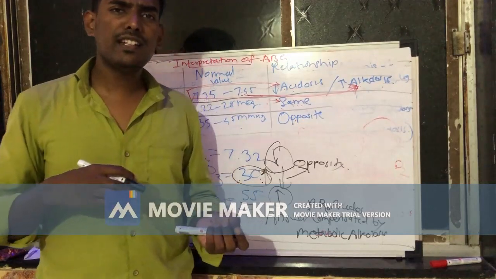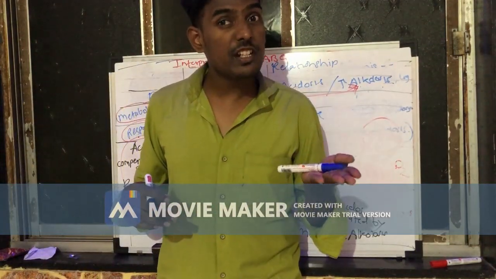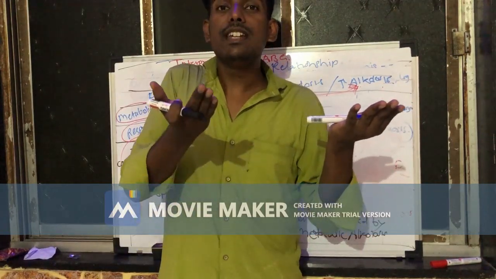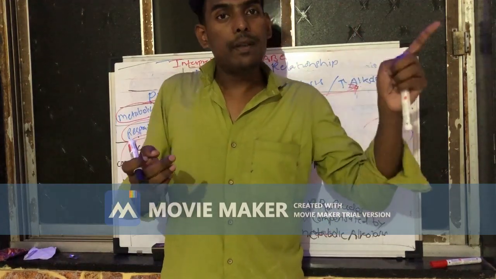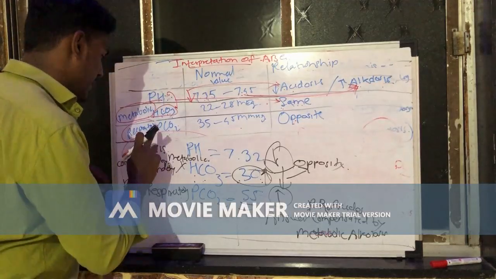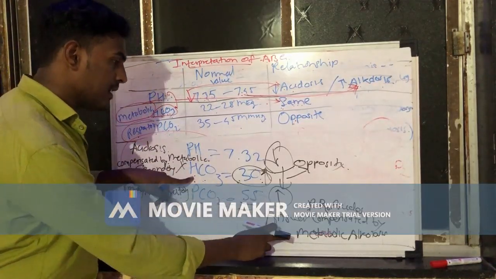Why is HCO3 increasing? See, my COPD condition increases the PCO2 level in my blood. pH decreases, an acidic environment is there. It should not be; our blood should not be acidic. Then HCO3 tries to increase my pH by increasing the HCO3 level. So primary respiratory acidosis compensated by metabolic alkalosis.